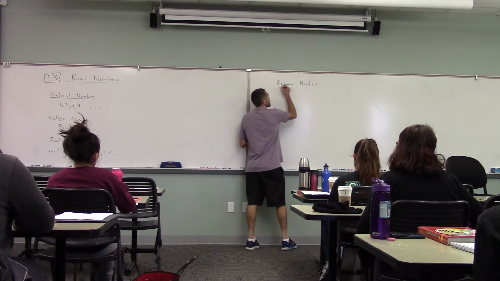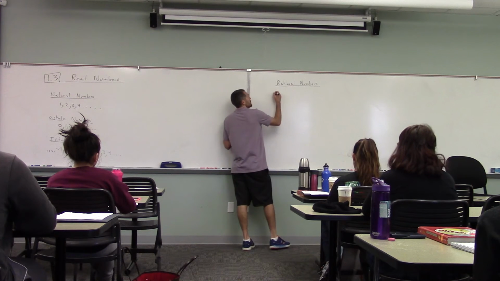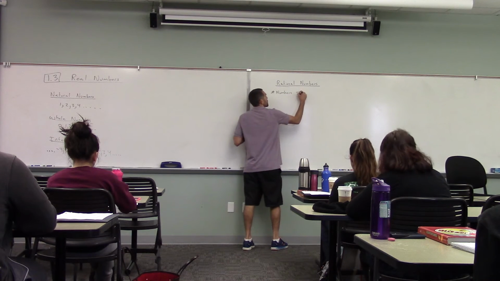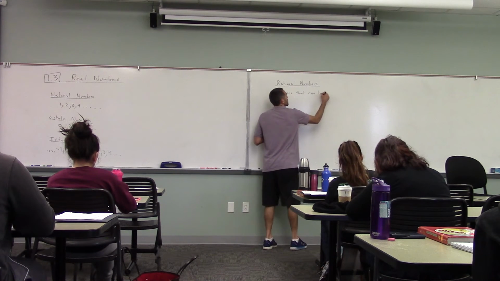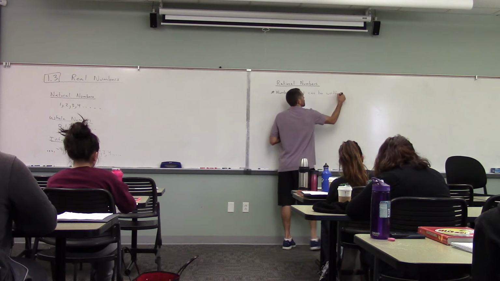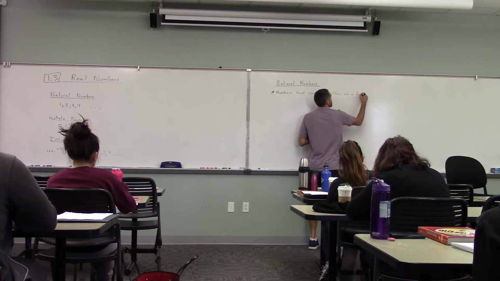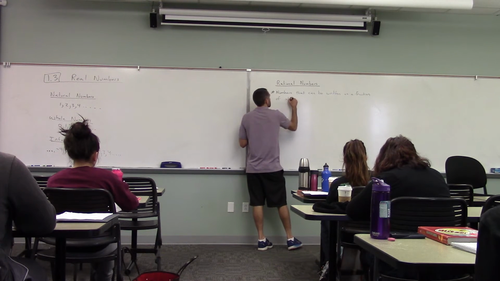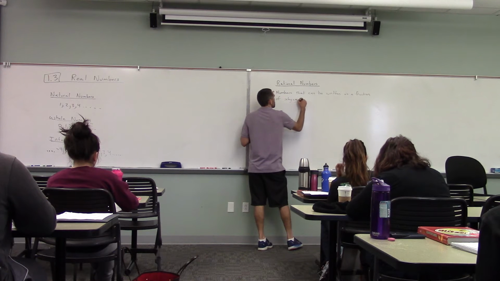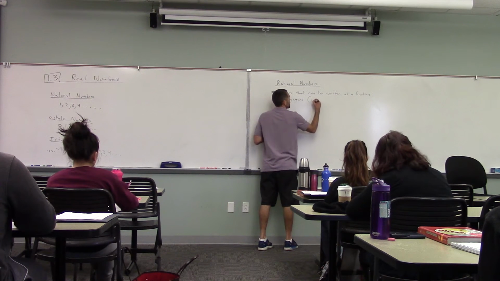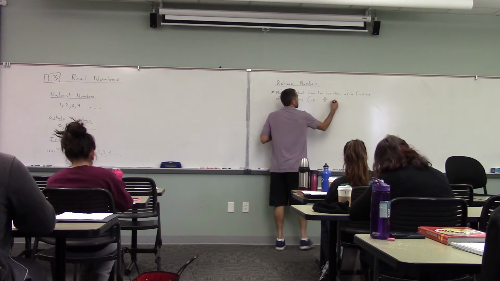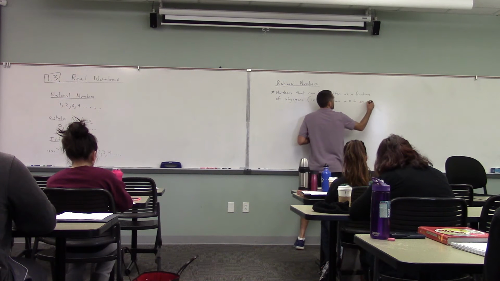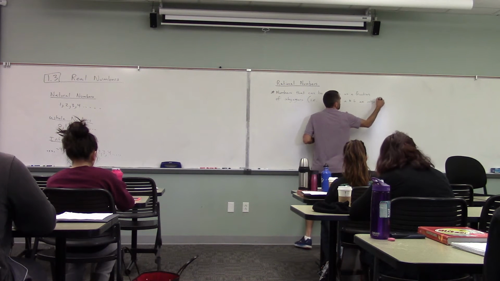Rational numbers are numbers that can be written as a fraction of integers, i.e., a over b, where a and b are integers. Now that's a rigorous definition, not one you're going to have to know.